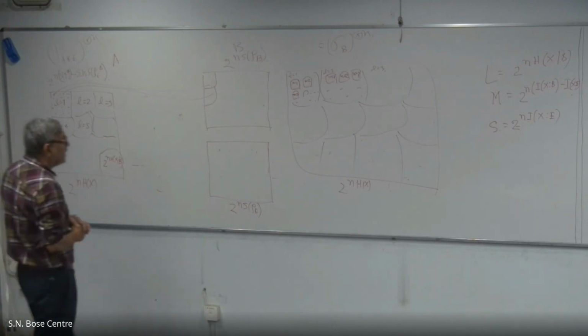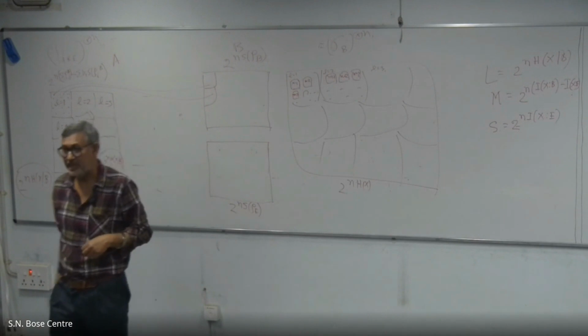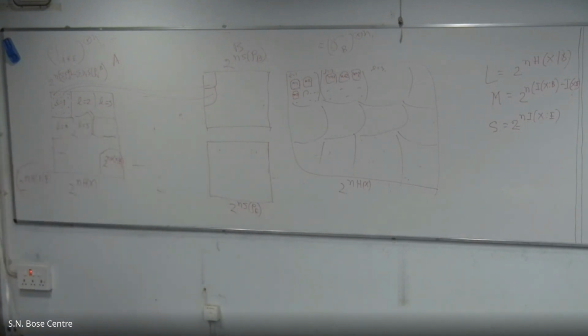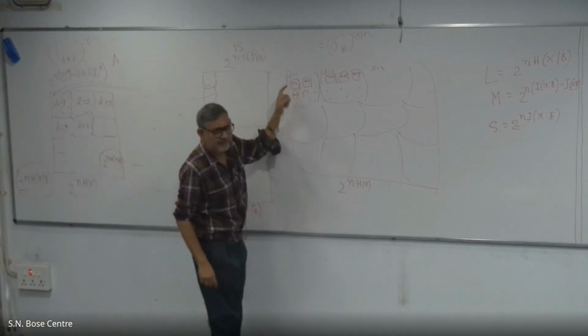If L as well as M is publicly announced, then Eve also can distinguish the points within this. But M is not publicly announced.